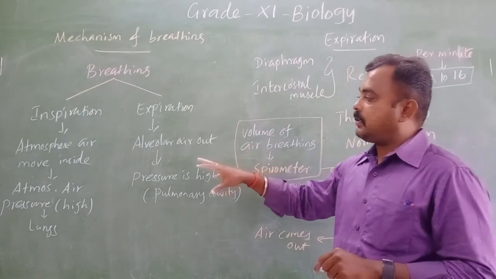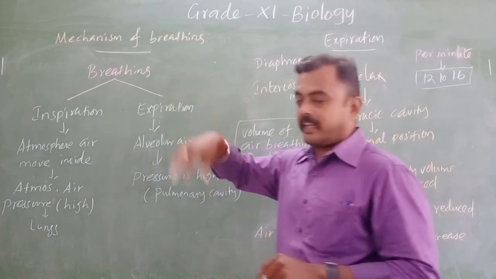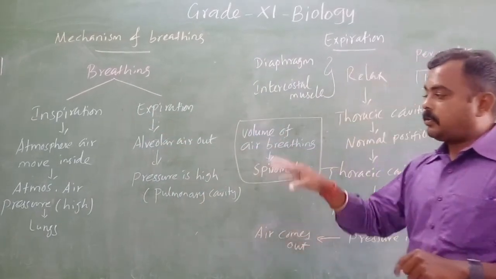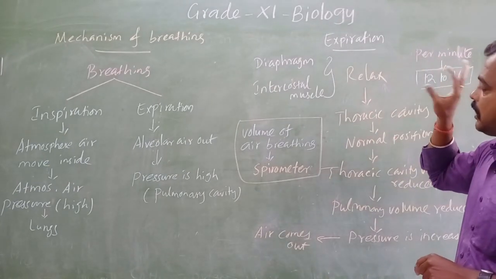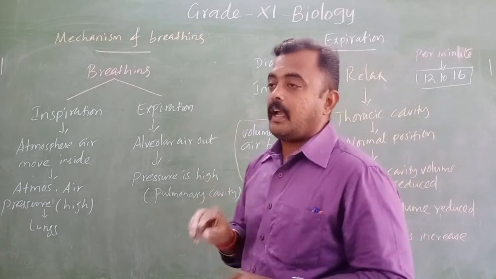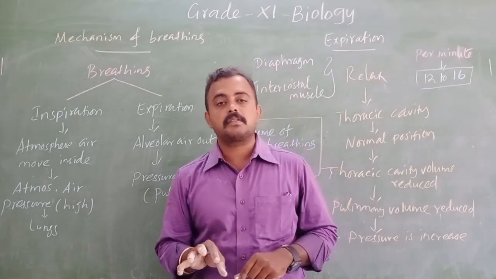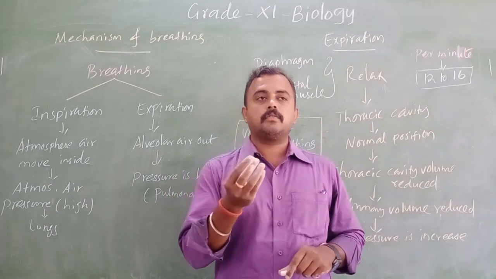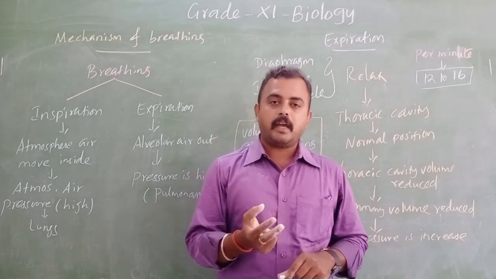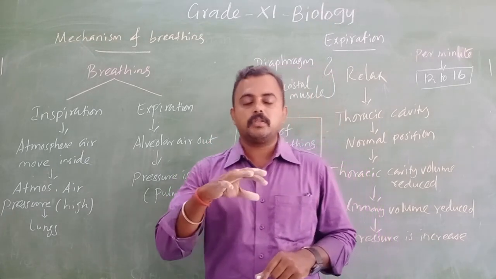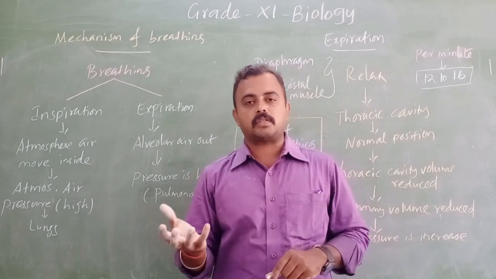Alveolar air goes out, atmospheric air moves inside due to pressure. With the help of the diaphragm and intercostal muscles, pressure is created, and due to the pressure the air comes inside and goes outside.